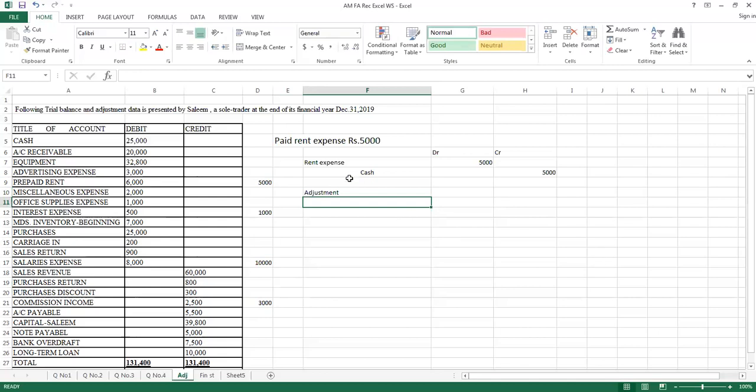So what is meant by adjustment? Adjustment means after preparing the trial balance, the new information that is appearing and that is relevant for this year, and you are thinking that if we do not provide this information in this trial balance, then of course the trial balance is correctly specifying the debit and credit amount, but the information that this trial balance is presenting is not correct.